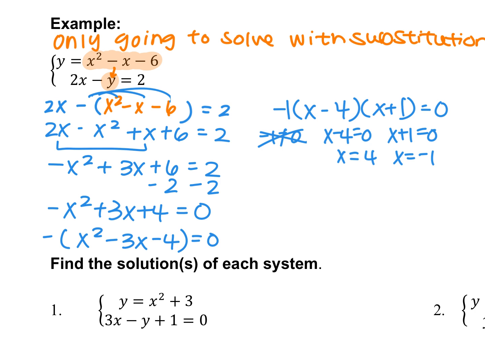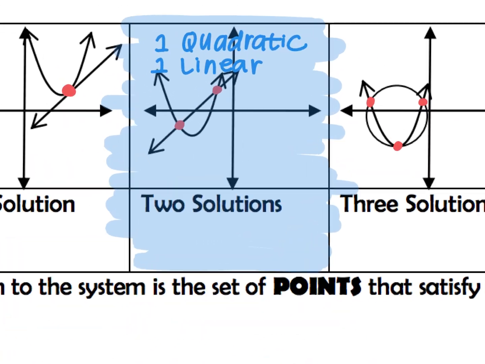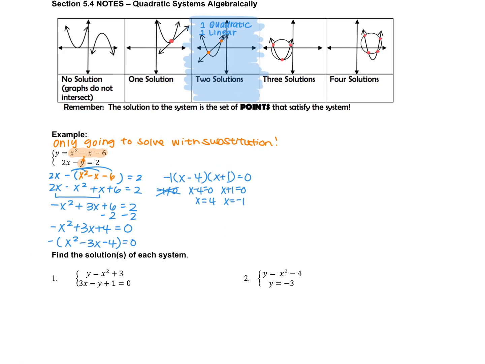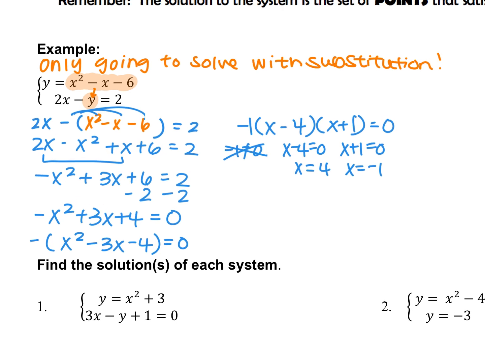Here, we're solving for the solution of the problem, which if we look back here, the solution is the points. Points have x values and y values. So I need to find the y values. You plug the x values back in to whichever one you want.